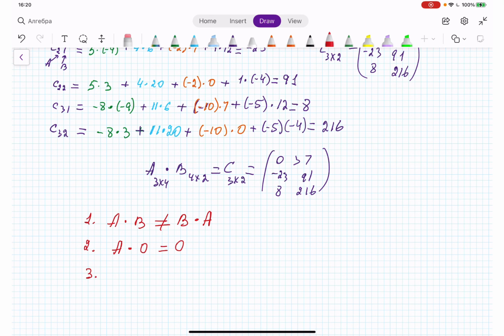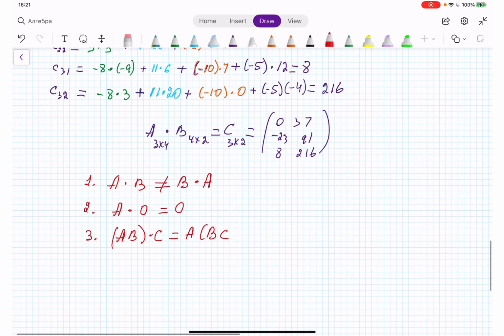And third one, unlike commutative, we can apply the associative property for the product, which means AB times C is equal to A times BC. Next, property number 4, we can apply the distributive property, which means A plus B times C is equal to AC plus BC.